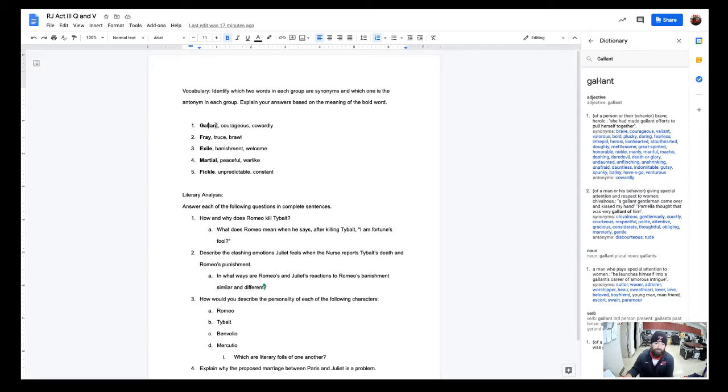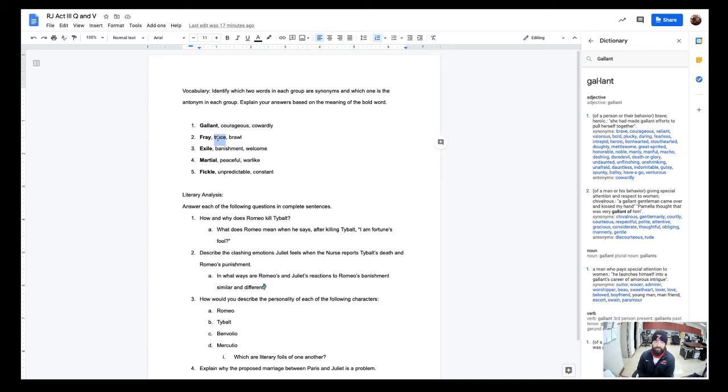For number one, gallant, courageous, and cowardly are the three words. Gallant and courageous mean about the same thing. Cowardly is the opposite of both of those two. Fray, truce, and brawl: truce would be the opposite.